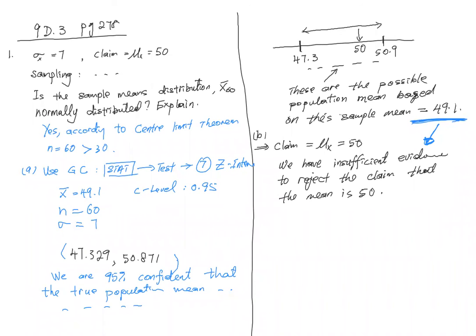Now, if I change the claim based on this confidence interval, I put it in as part C. You can write it down. Part C: the claim is the population mean is at least 49.